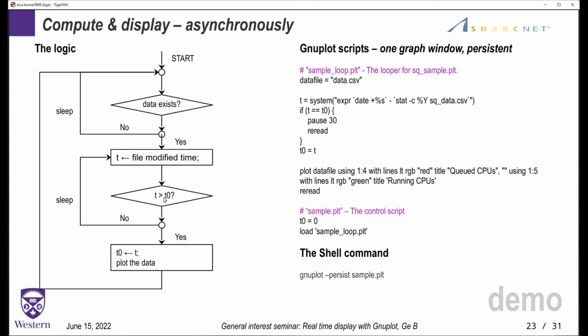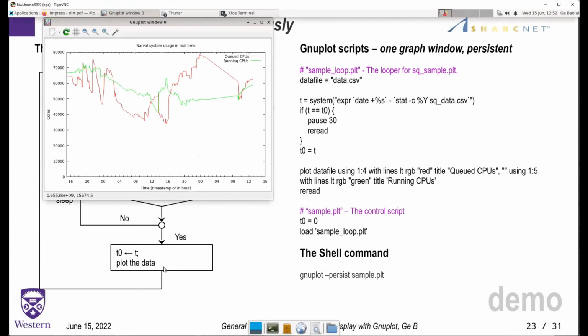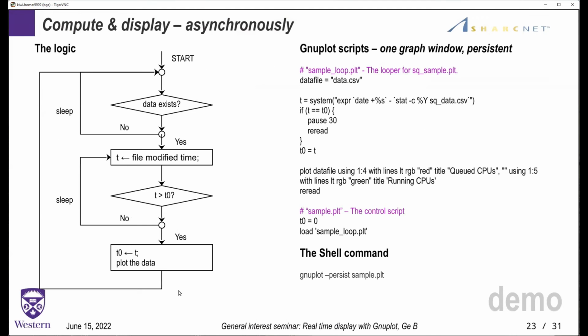If the timestamp of this file is greater than the previous timestamp, which means the file has been updated, then I'm going to plot the data. Otherwise, I'm going to go back here and sleep. Okay, so that's the logic.